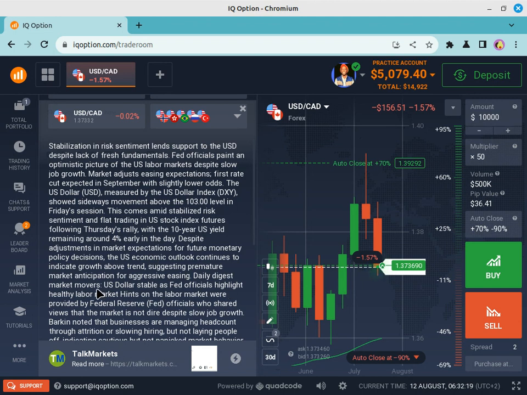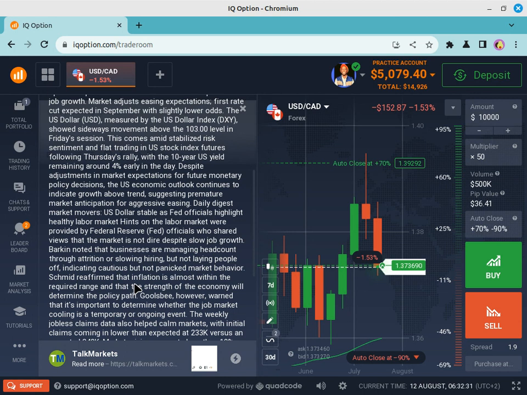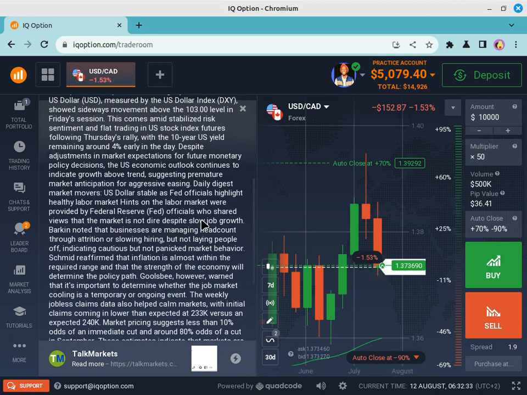Daily digest market movers. US dollar stumbles as Fed officials highlight healthy labor market. Hints on the labor market were provided by Federal Reserve officials who shared views that the market is not dire despite slow job growth.